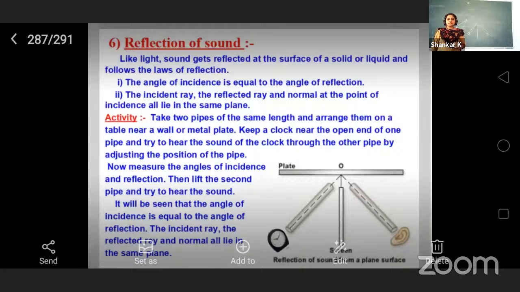The incident ray, the reflected ray and the normal all lie in the same plane. When you adjust the two cups, as I have told you, you take two cups and tie a thread, and one of you speaks and one listens. This is also a reflection of sound. Sound also reflects like light.